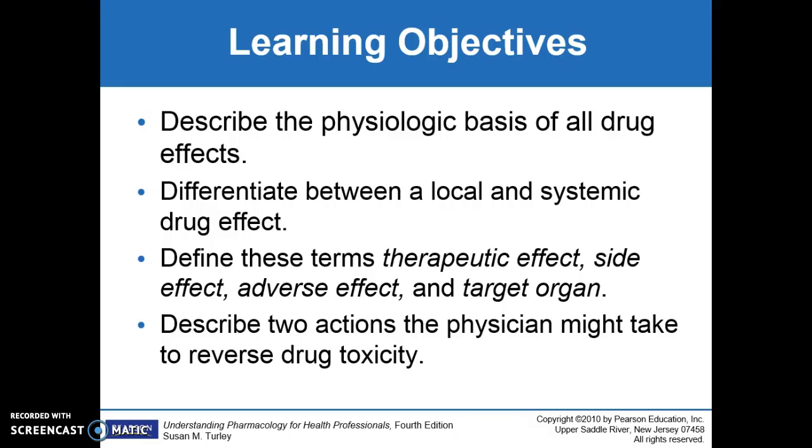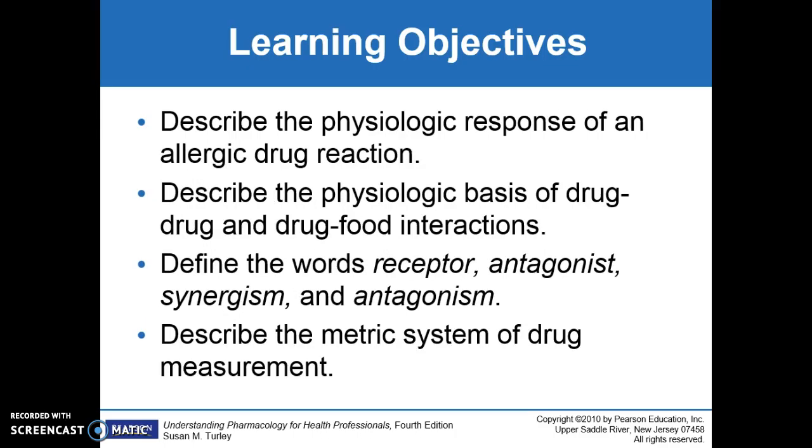You're going to look at the difference between local and systemic drug effects. You're going to look at things like therapeutic effects, side effects, adverse effects, the target organ, how to reverse drug toxicity, the actual physiological response that we have to an allergic drug reaction, and then all of those drug-drug interactions, drug-food interactions, all of those types of things.